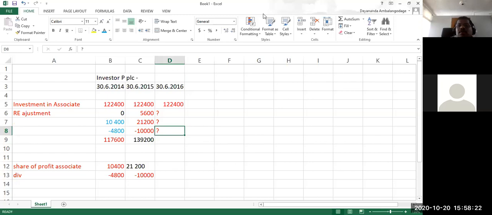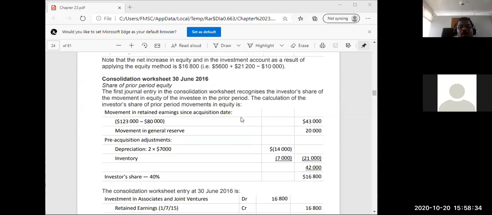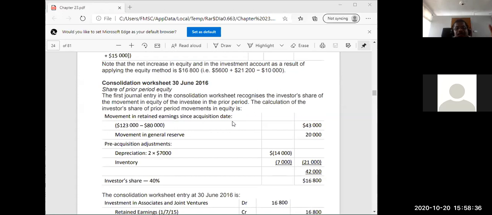Shall we go back to our question and see how the third year calculation takes place? Here, the consolidated worksheet, 30th June 2016. Just look, now we are taking the retained earnings for 2 years, not for 1 year. You can remember 80,000, that is the acquisition date retained earnings.